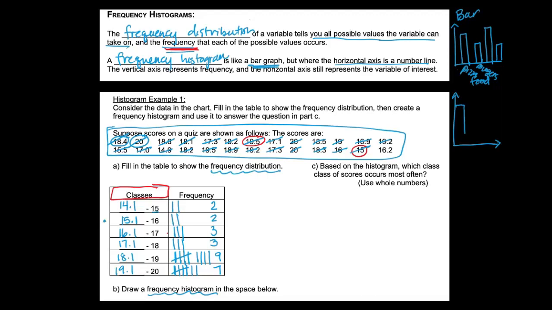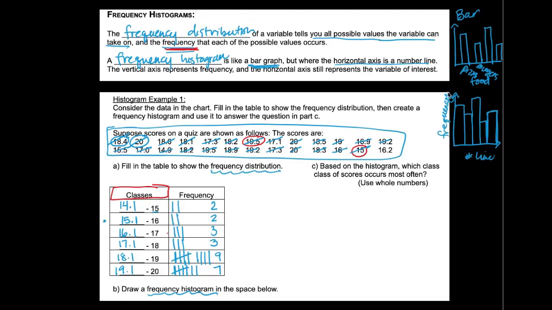When one class ends, the other class begins, and so in a histogram, the bars will touch. A histogram is going to look a little bit like this. It still looks like a bar graph, but the bars touch each other, and you have a number line on the bottom representing the classes. And then the vertical axis, the y-axis, is always going to be the frequency.